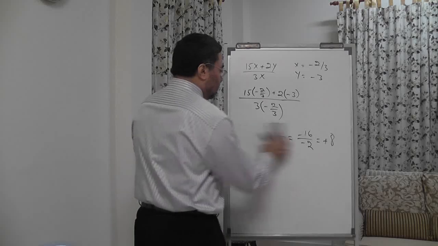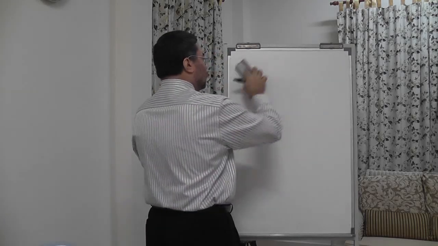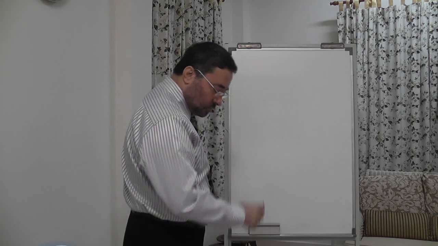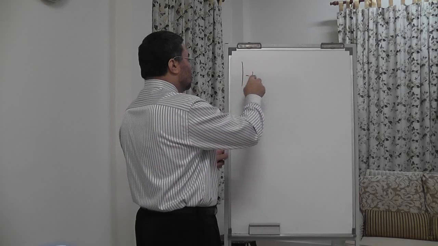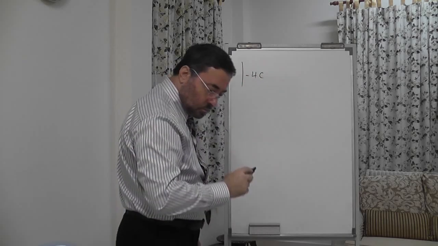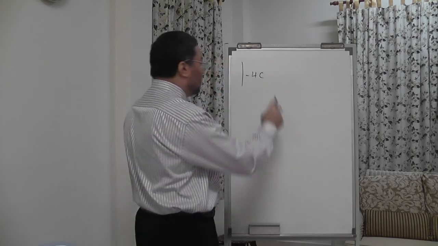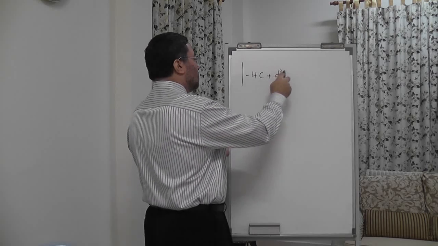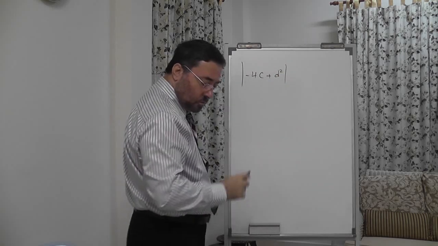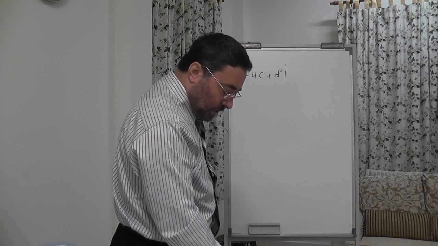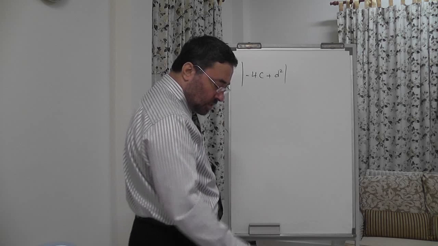Number 34, absolute value of minus 4c plus d squared. C is equal to 2, d is minus 5.